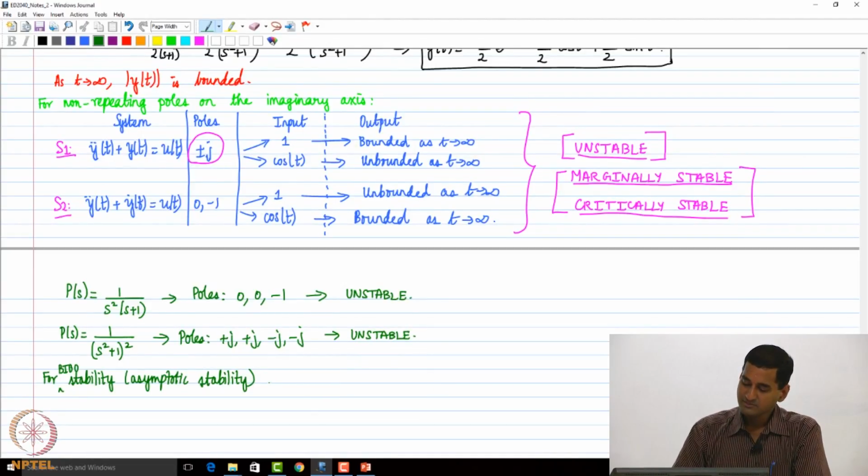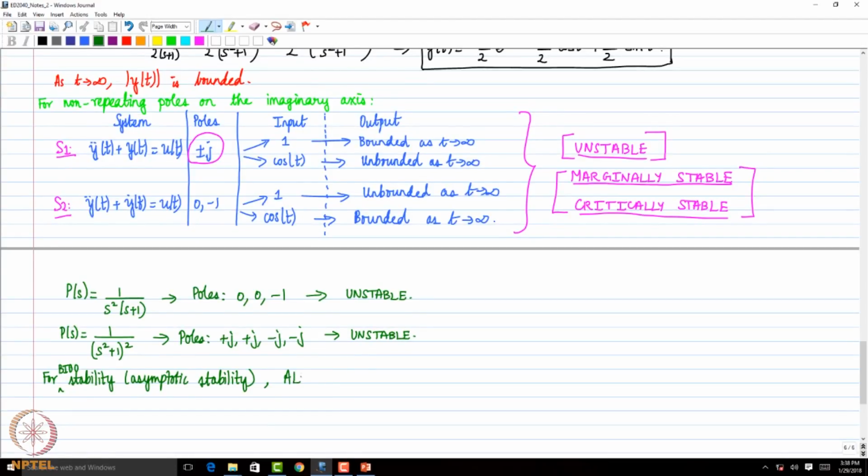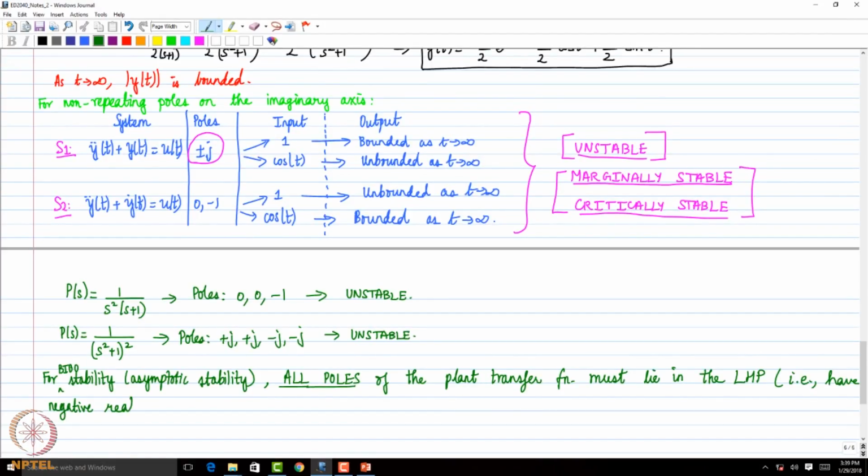So for BIBO stability, all poles of the plant transfer function must lie in the LHP, or in other words, have negative real parts.